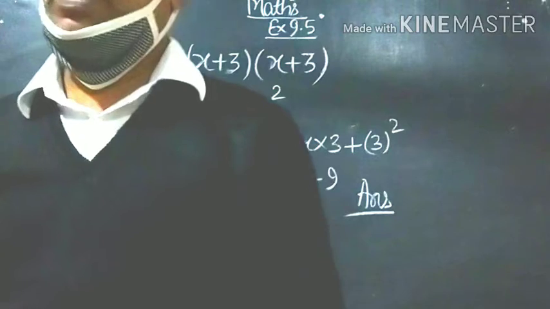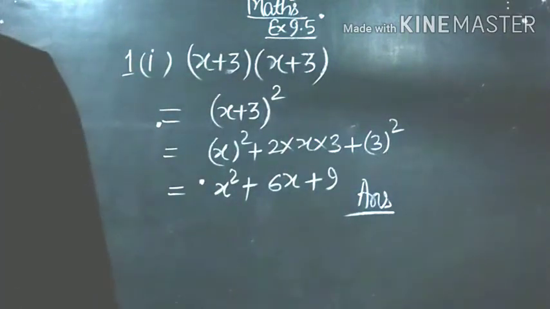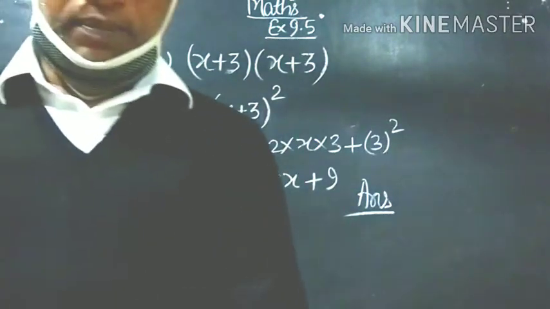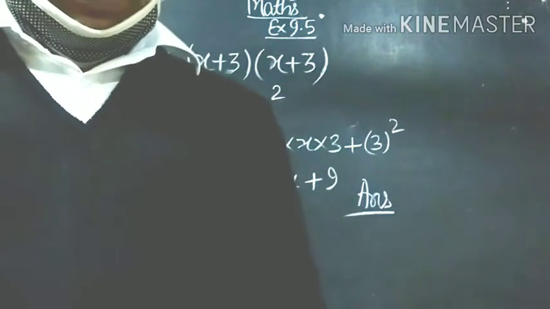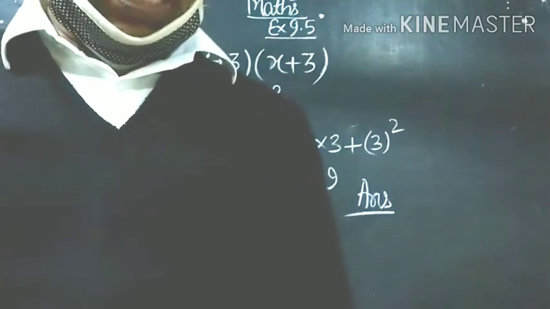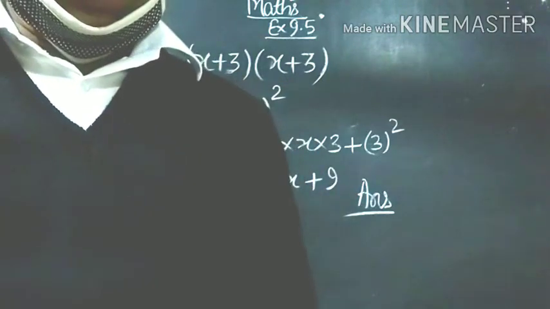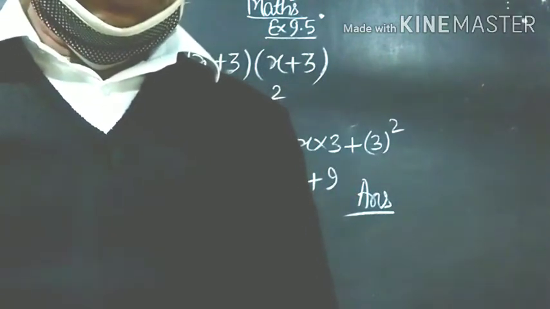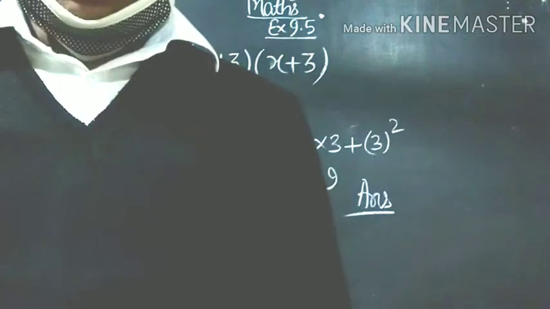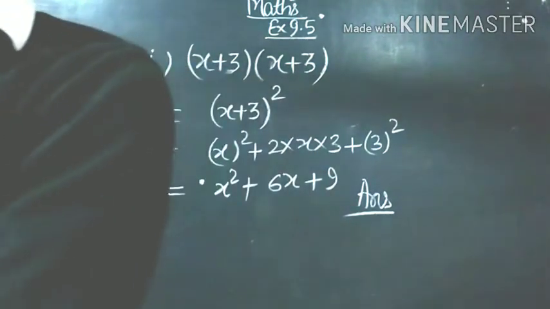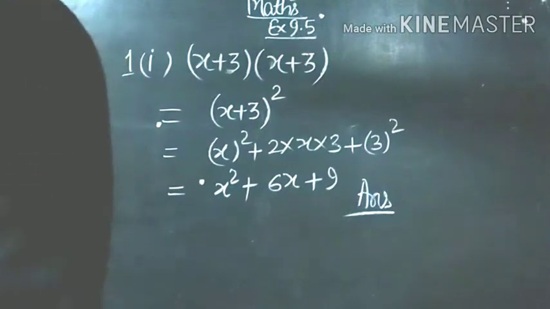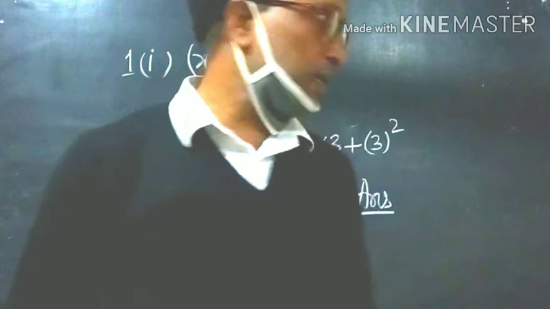Like this, we are also able to solve another part of question number 1. In this sequence, I want to solve the 10th part, (7a minus 9b) into (7a minus 9b).